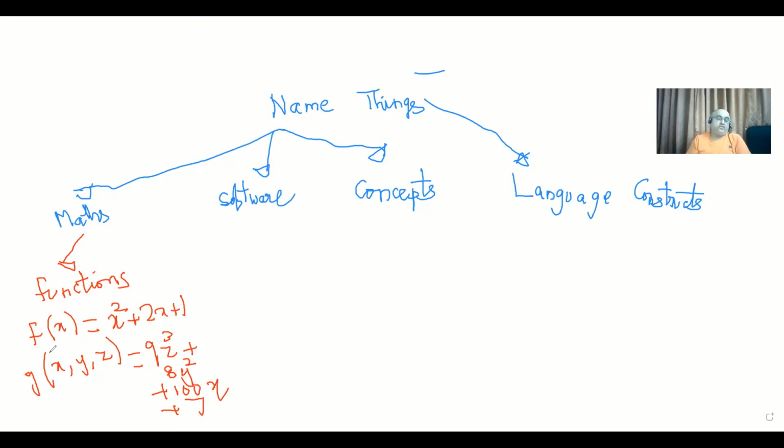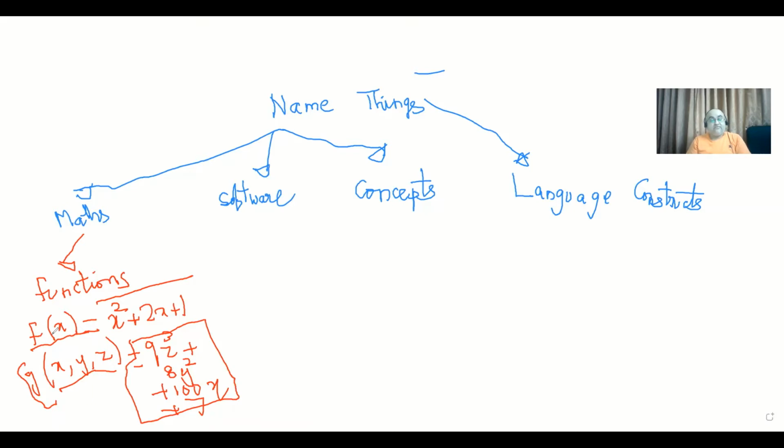So what is this? This is something that is describing the behavior of a function, and this is the name, right? So similarly, in this 3 variable function, this is the detailed behavior of the function, which captures the details. And this is the name that I have given to that behavior.